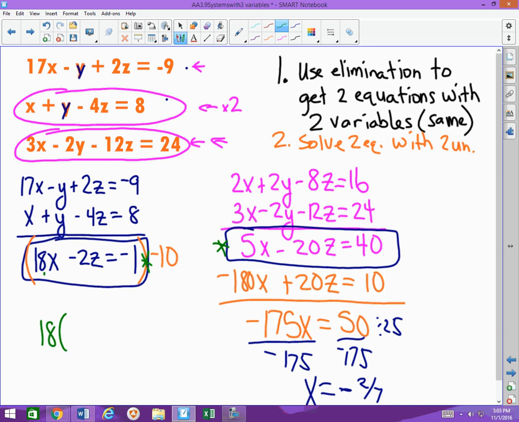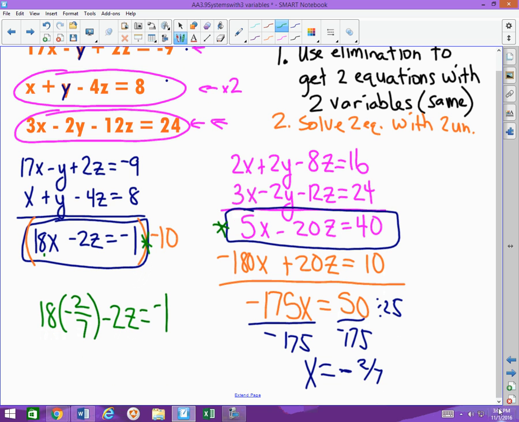18 times negative 2/7 minus 2z equals negative 1. 18 times negative 2/7 is negative 36/7 minus 2z equals negative 1.